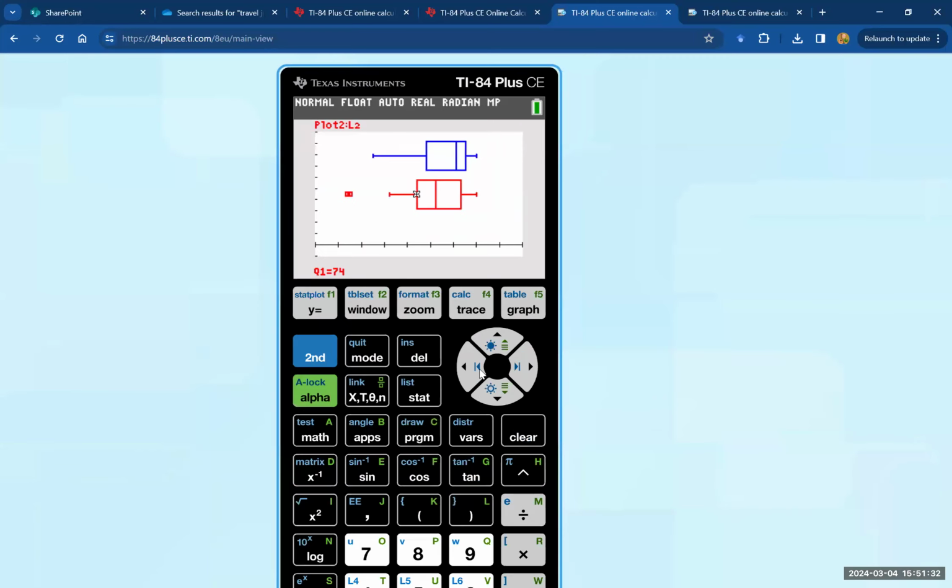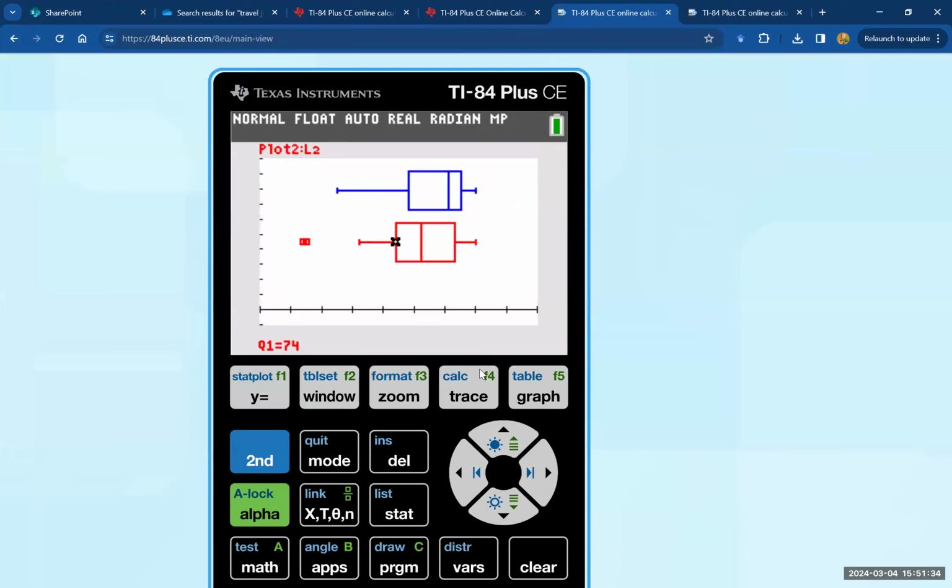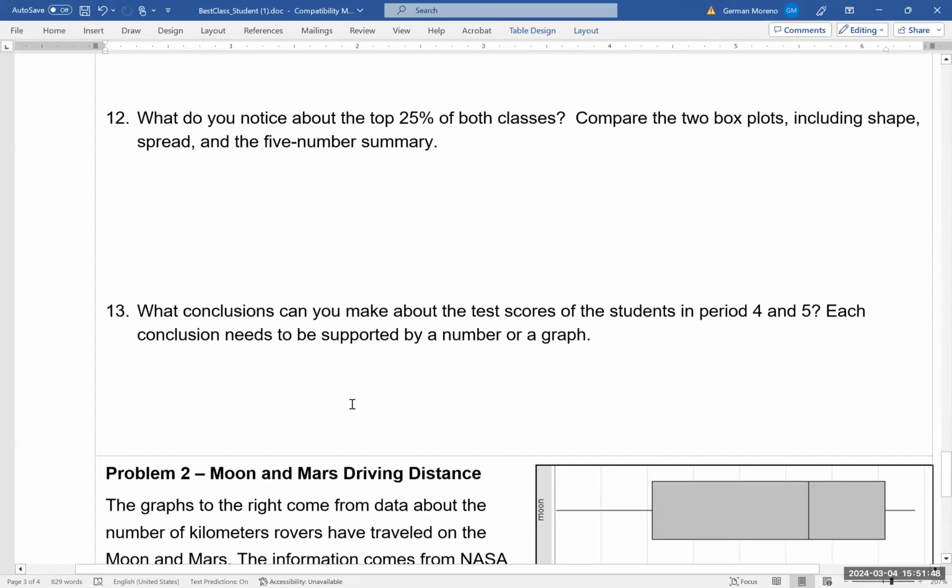So there are things that you can gather by using the trace and using the box plots. So I'm going to go ahead and leave you with that information. That should be plenty for you to complete this project.